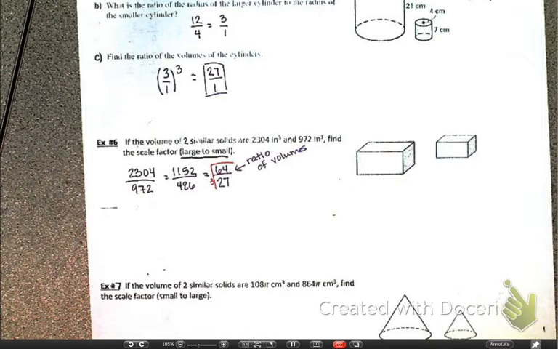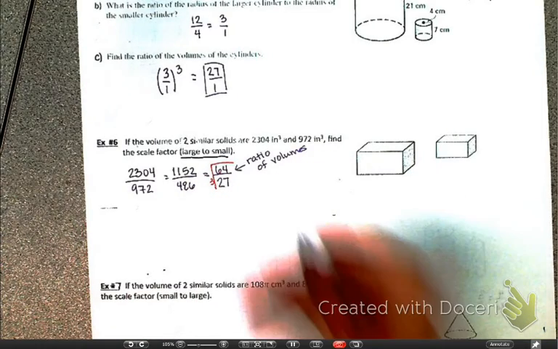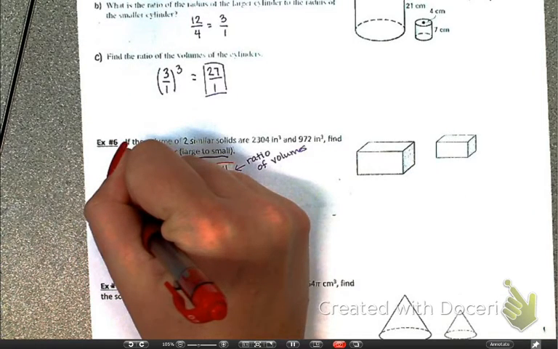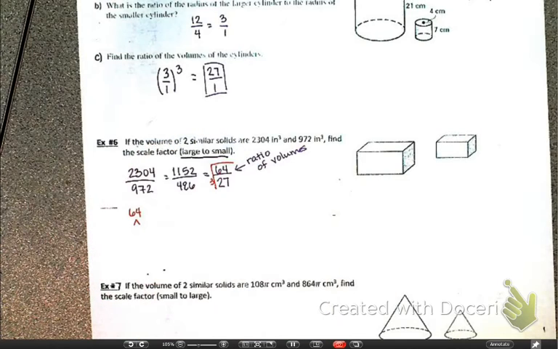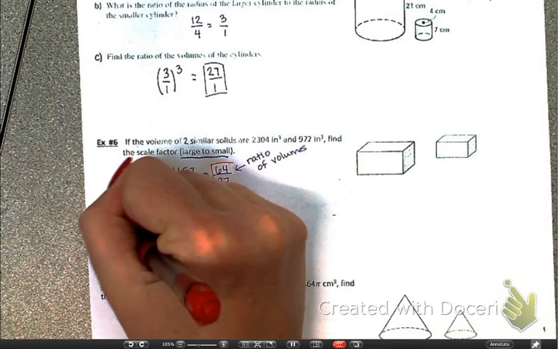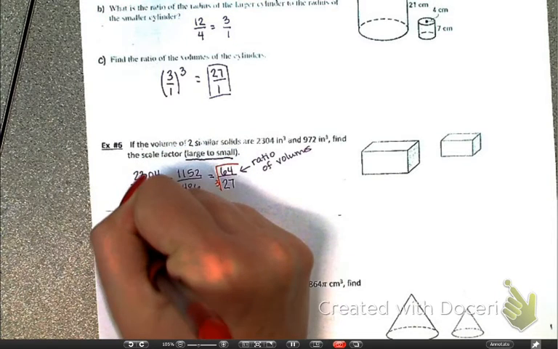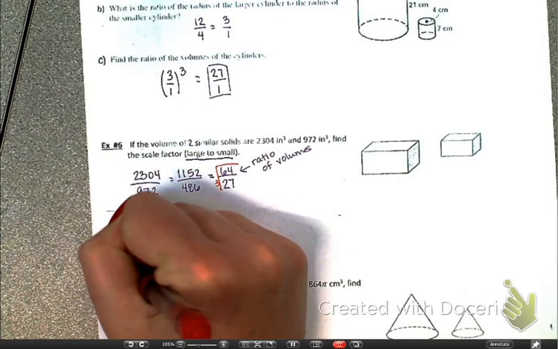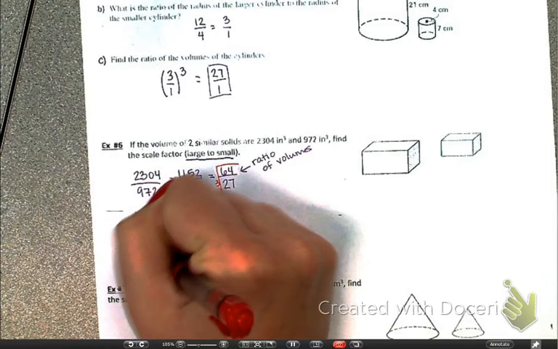Okay, I'm going to show you 2 ways to do this. When we were taking the square root and you had to simplify a square root, what did you do? You did the factor tree and you circled pairs, right? So if I take the cube root of 64, for instance, and I do the factor tree, what numbers multiply to 64? 8 and 8, right? 4 and 2, 2 and 2, 4 and 2, 2 and 2.